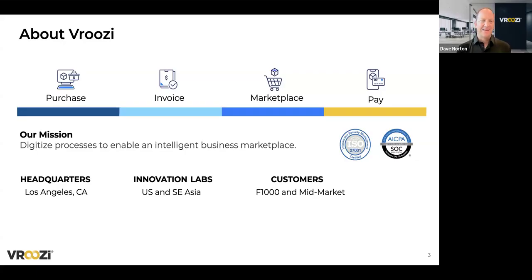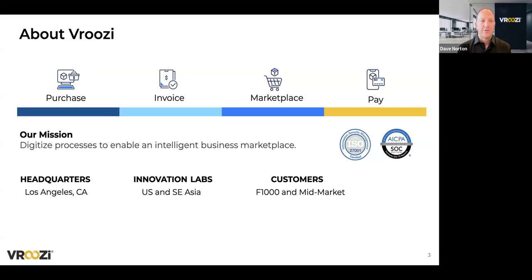It is our mission to digitize processes that will enable an intelligent business marketplace. So when you think of everything from source to pay, procure to pay, P2P, these different terminologies that are buzzwords, at the end of the day, it's really spend tech. And Vroozi, that is a term that we own, and we are the spend tech management firm.